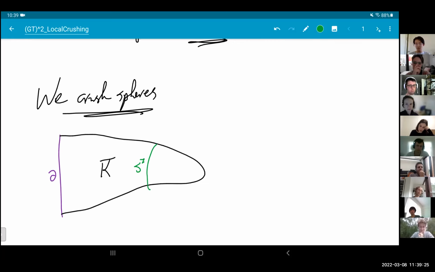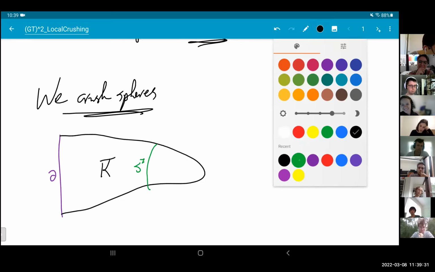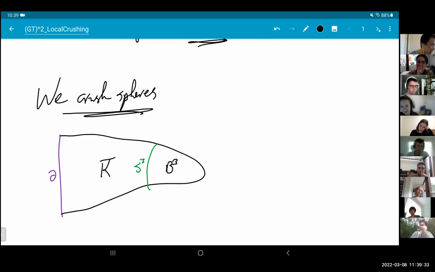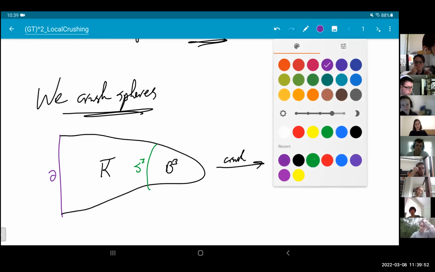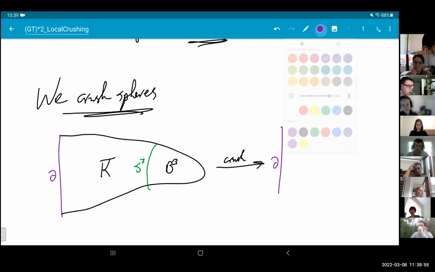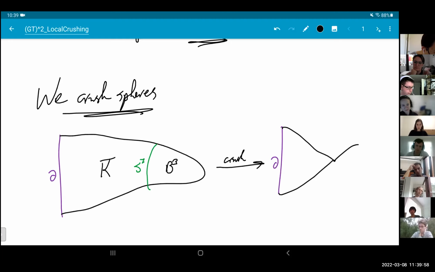This is a normal sphere embedded in your manifold, and because we're inside S3, this bounds a ball. What crushing does is it says we quotient the entire sphere down to a single point. So the cartoon of this is the boundary stays, and then you get this. Your sphere becomes that single green point.